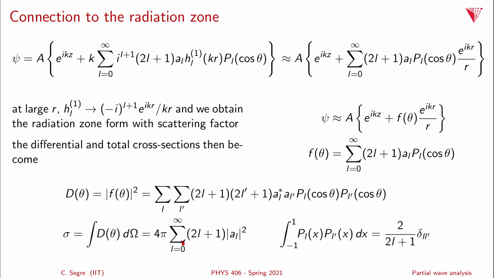There's a factor of 2 here, which gives me 4 pi, times the 2 pi from the phi integral, times the absolute value of A sub L squared, because L prime is equal to L. And so the only terms that survive here out of these sums are where L prime is equal to L because of the relationship of these two functions, the P sub L and the P sub L prime of x.